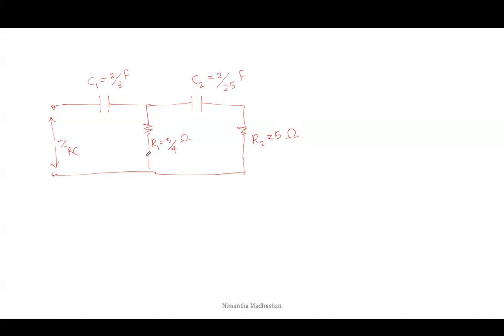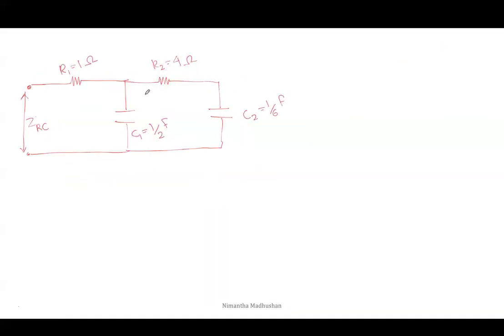In the second Cauer form, resistors are connected in parallel and capacitors are connected in series. In the first Cauer form, resistors are connected in series and capacitors are connected in parallel. This is the opposite of the second Cauer form.